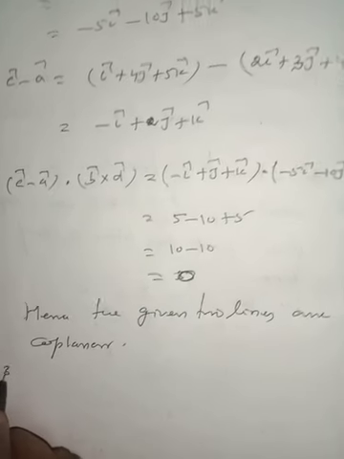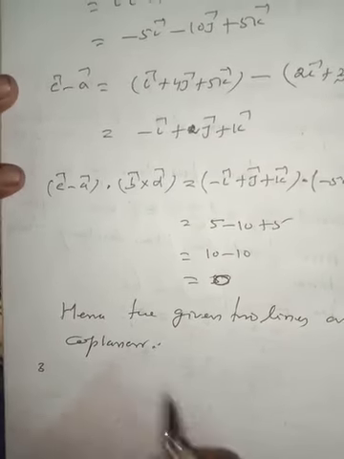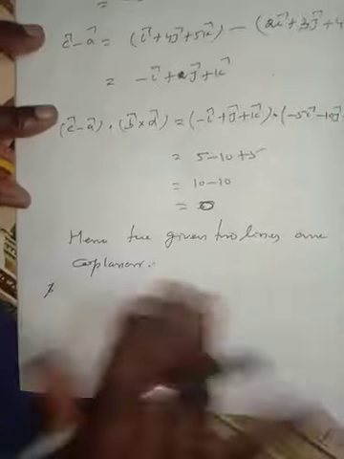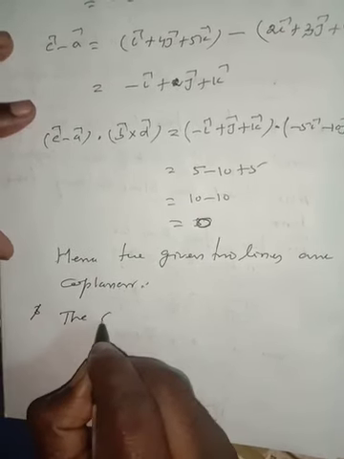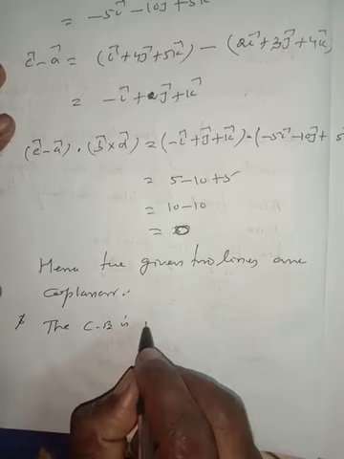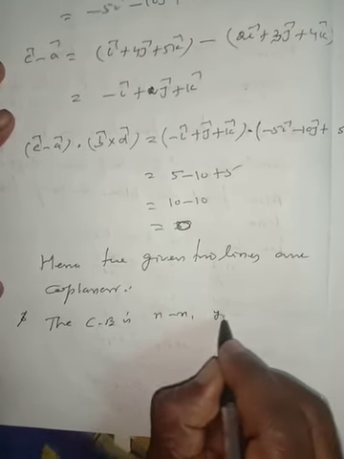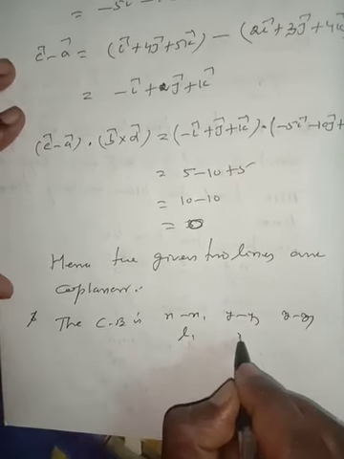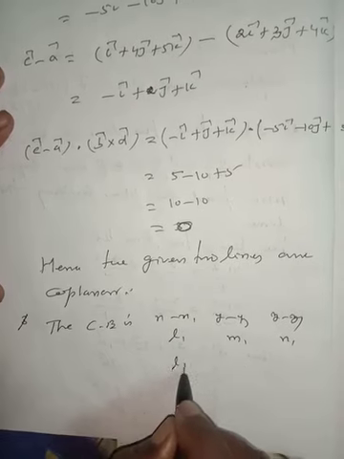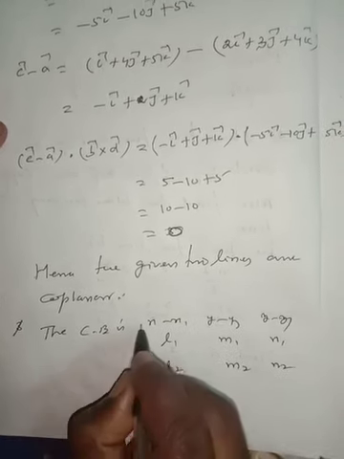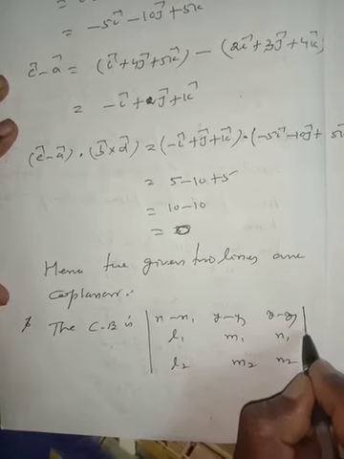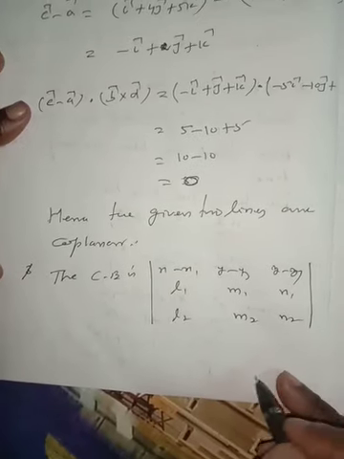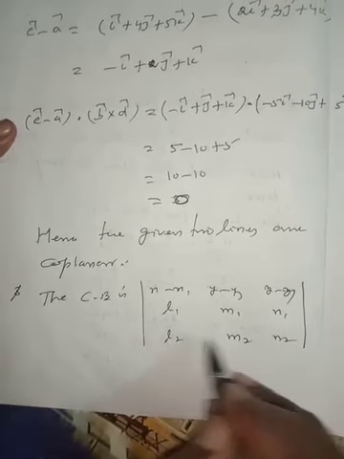Question number 3. Containing the lines, we have to find the Cartesian equation of the plane. The Cartesian equation is the determinant of x minus x1, y minus y1, z minus z1; L1, M1, N1; L2, M2, N2. x1, y1, z1 are taken from the second line numerator, and L1 M1 N1 and L2 M2 N2 from the two lines' denominators.